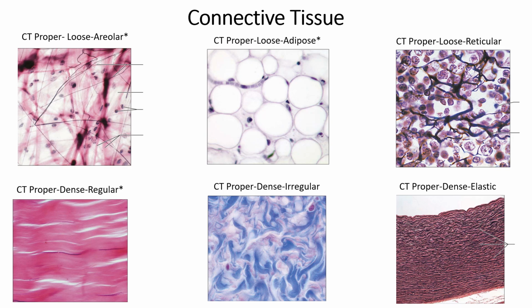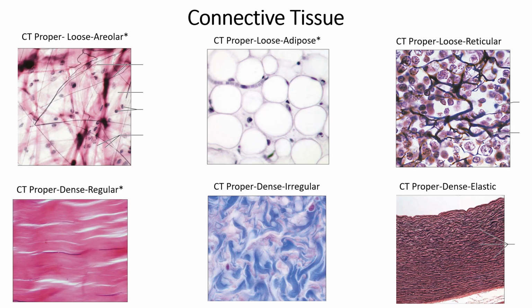So moving on to connective tissue. Connective tissue is the type of tissue where we see a lot of different subcategories and sub-subcategories and more complexity, right? For all of the different subcategories and sub-subcategories of connective tissue, they all have two things in common.